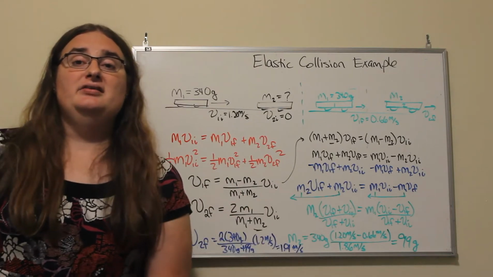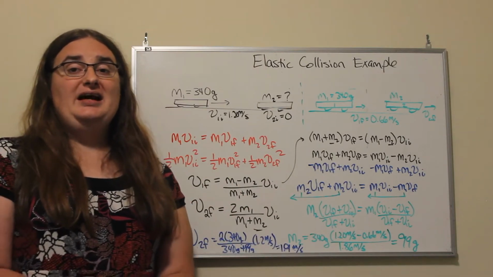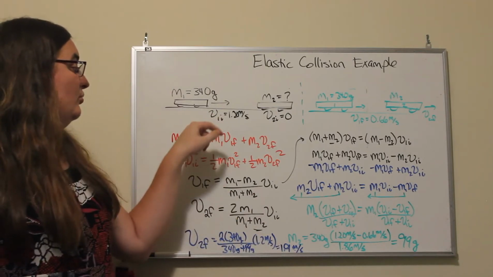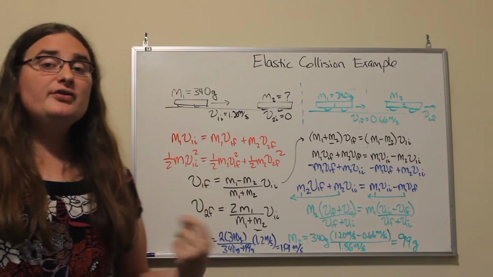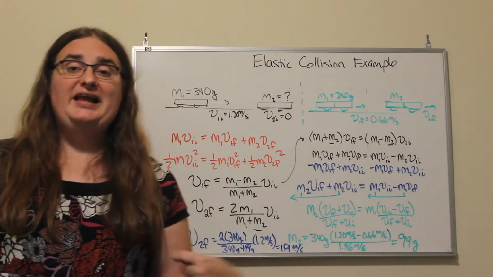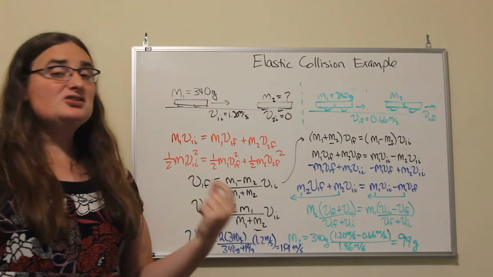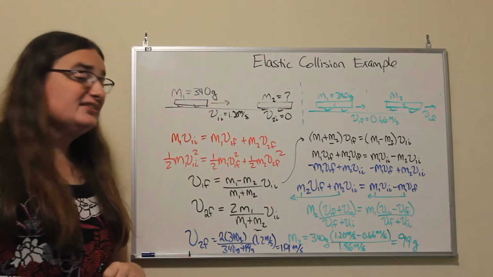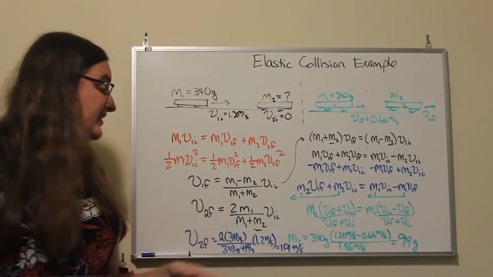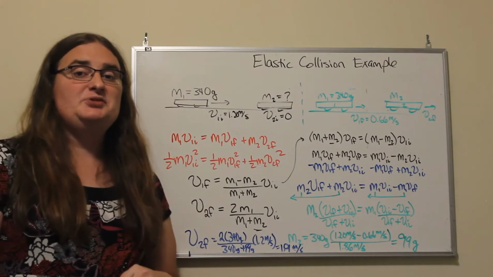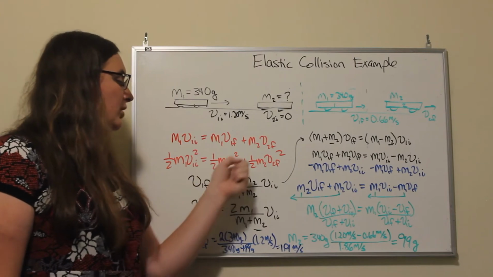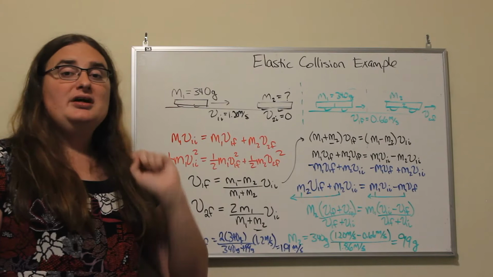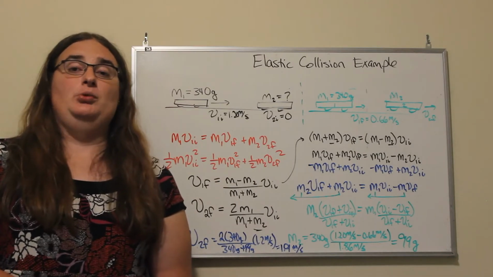But in another video, when I talk about the concepts of elastic collisions, I said we could take those equations, solve them for the final velocities, and for the case where the second object is stopped, we can simplify those equations to say that the final velocity of object 1 is going to be m1 minus m2 divided by m1 plus m2 times the initial velocity of object 1.